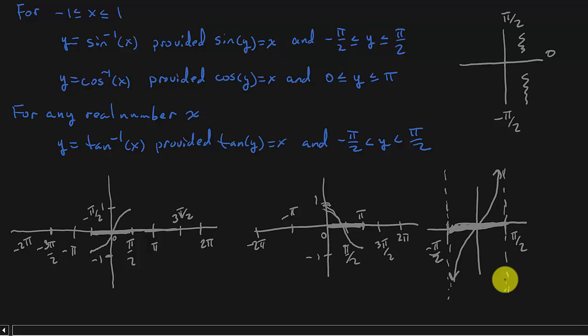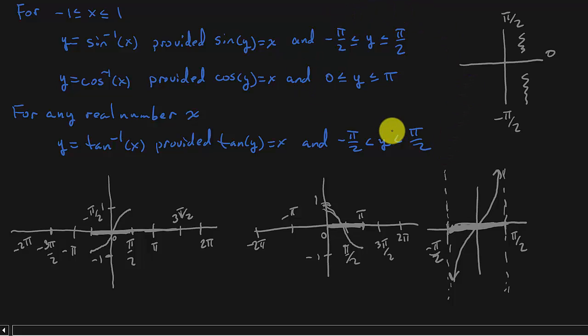Tangent's undefined at 90 degrees, or pi over 2 if you're in radians. And I hope you understand pi over 2 radians and 90 degrees are the same thing. It's an angle measure. It's just one's in radians, one's in degrees. So I hope that clears up where this comes from.